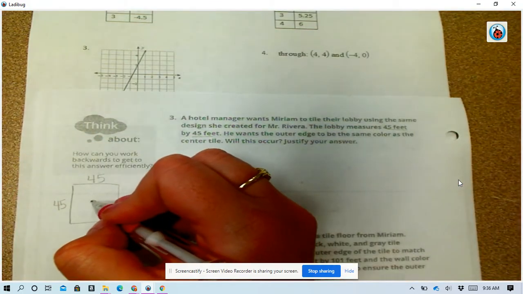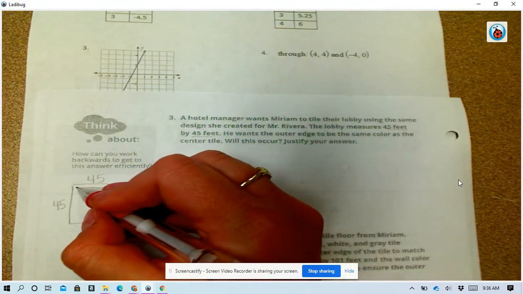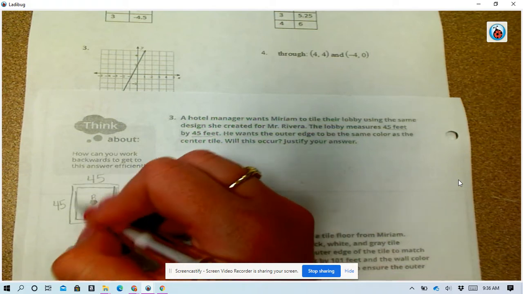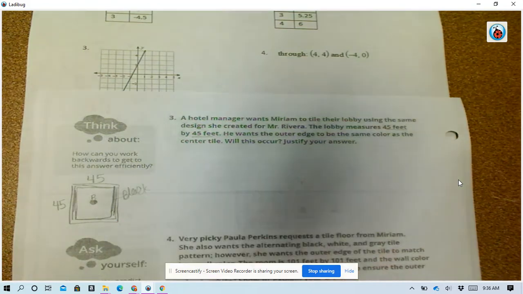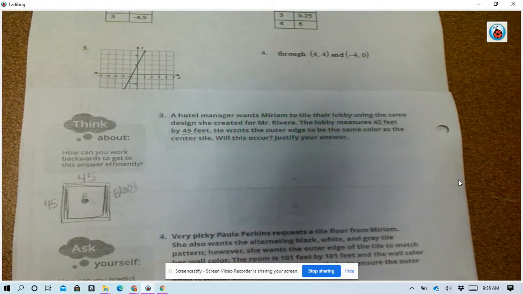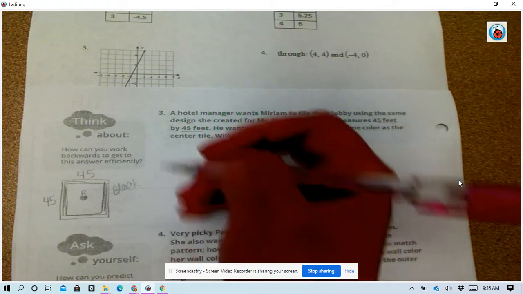And then if this center tile is black per the pattern, I would need this last row to be black also. So I built myself a table, but it got kind of redundant. So I'll start it for you, and then we'll see if there's a better way.